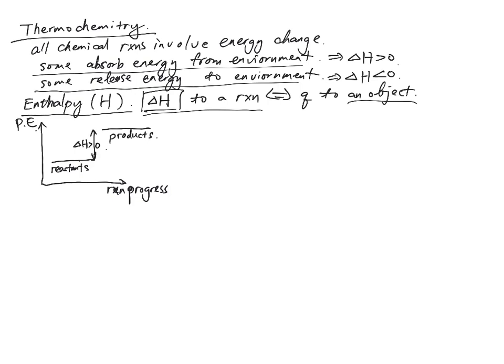Or you could have a bunch of reactants that have higher potential energy, and then they turn into products that have lower potential energy. In that case, the delta H difference between the reactants and products is a negative value, and we're releasing energy to the environment.